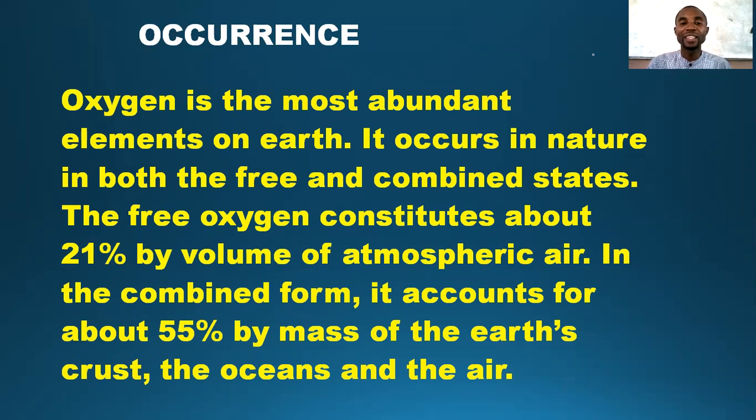The air we breathe, the air in the atmosphere, consists of 21% oxygen, and in the combined form, it accounts for 55% by mass of the earth crust, the ocean, and the sea. As you can see, a large percentage of the earth is comprised of water, comprised of oxygen.